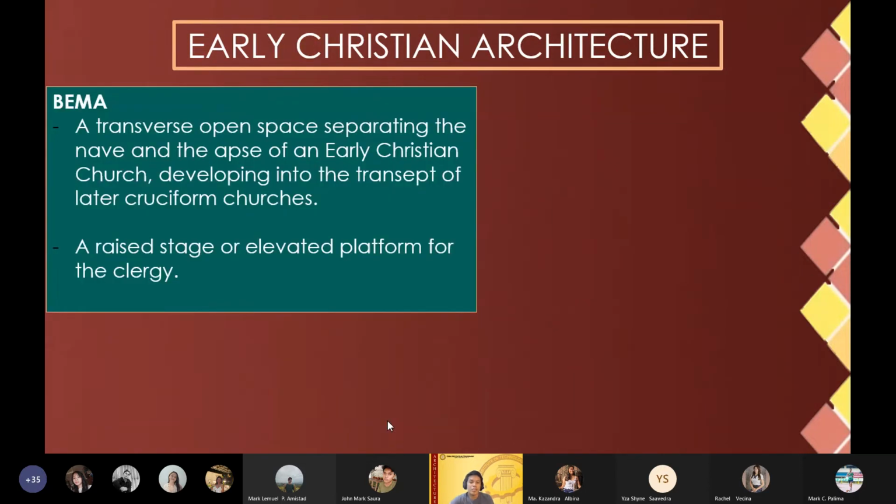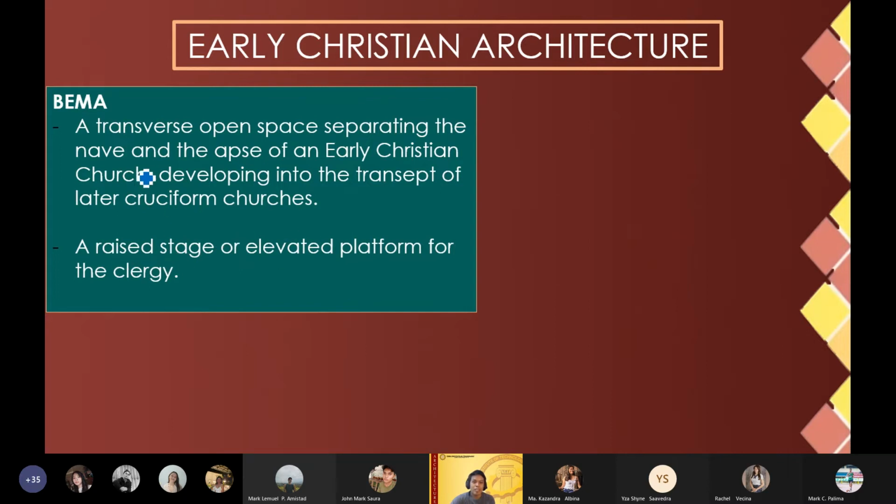Another term is the bema. This term is one we argued about during the review, because the bema on the internet, in Wikipedia, and in our sources means a raised stage or elevated platform for the clergy.